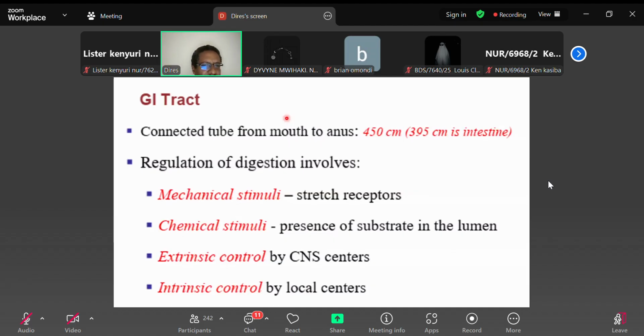What are effectors? Some of you mentioned here in the chat section, effectors. What are the effectors? What do they do? First of all, when you say effectors, what are they?